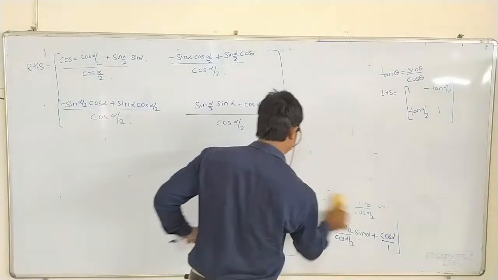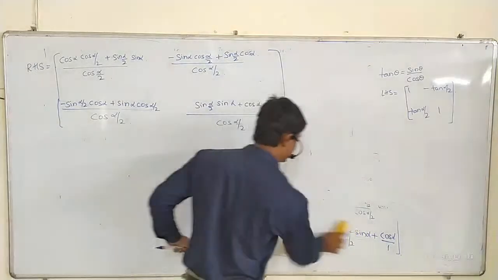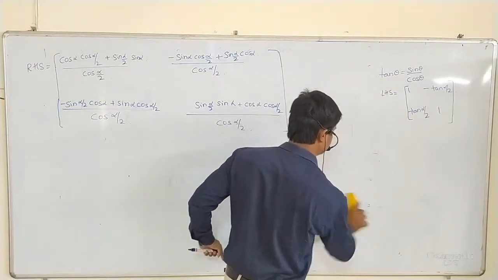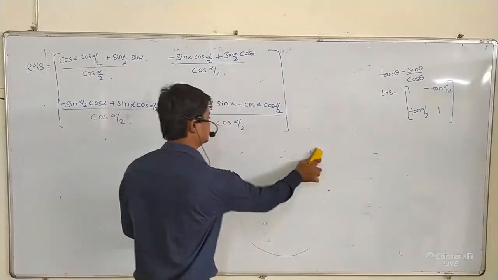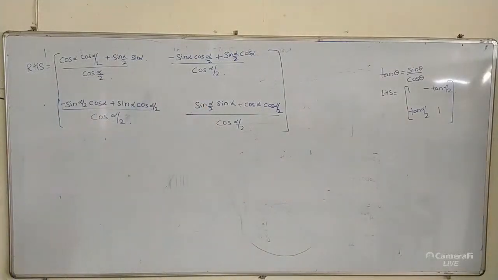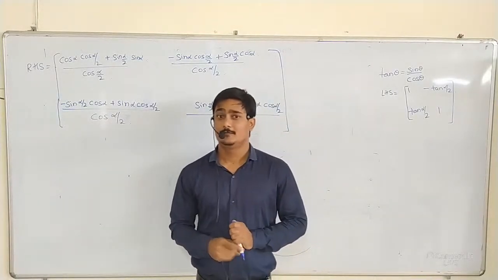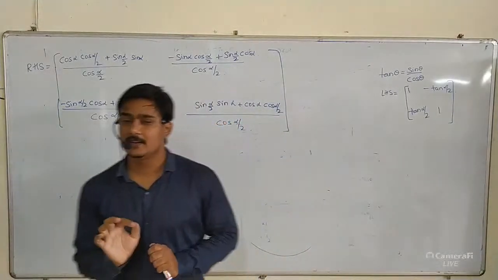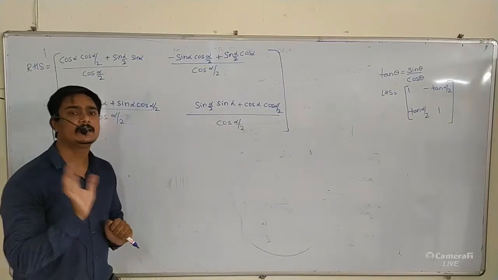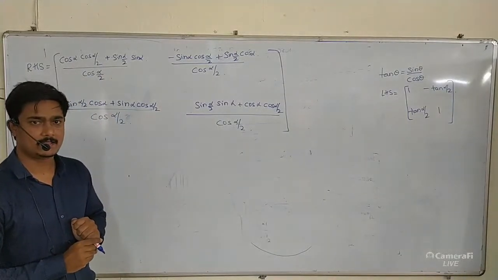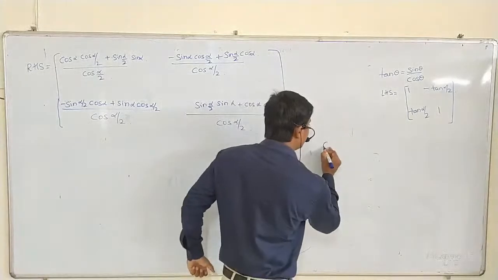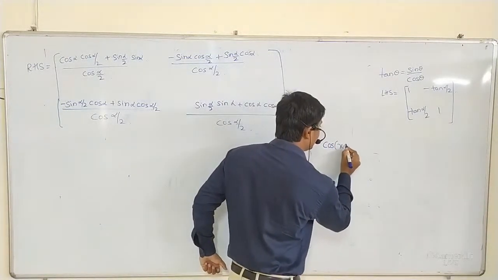Now let us simplify each term of the matrix. How do we simplify each term of the matrix? We will use trigonometric ratios of compound angle formulae. What is the cos of x plus y?